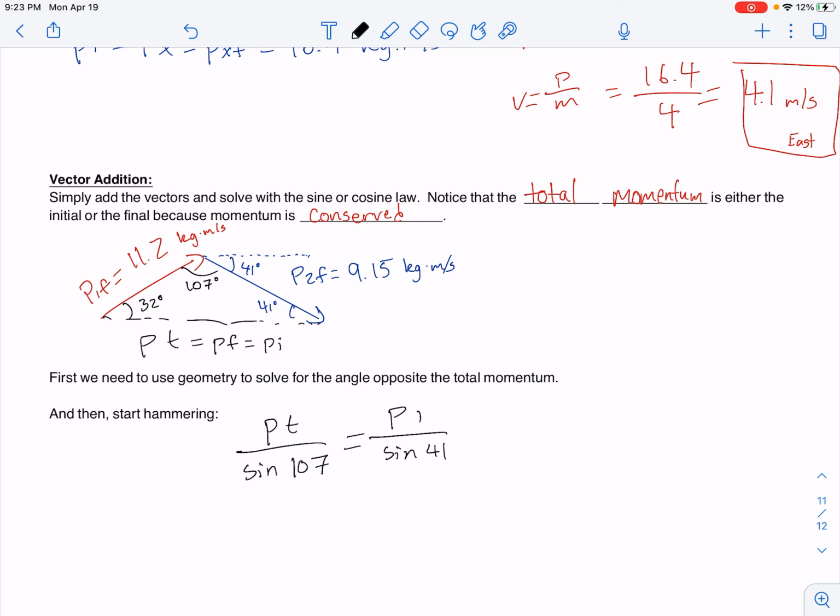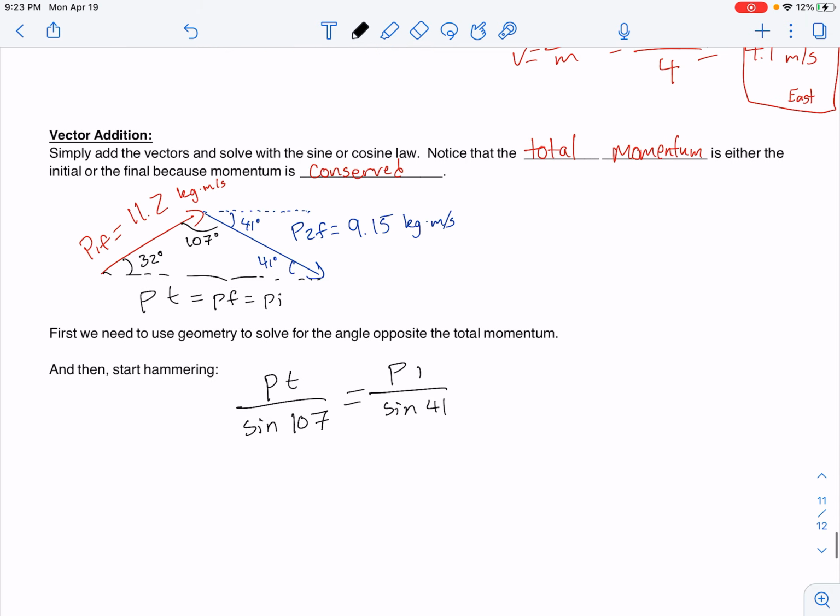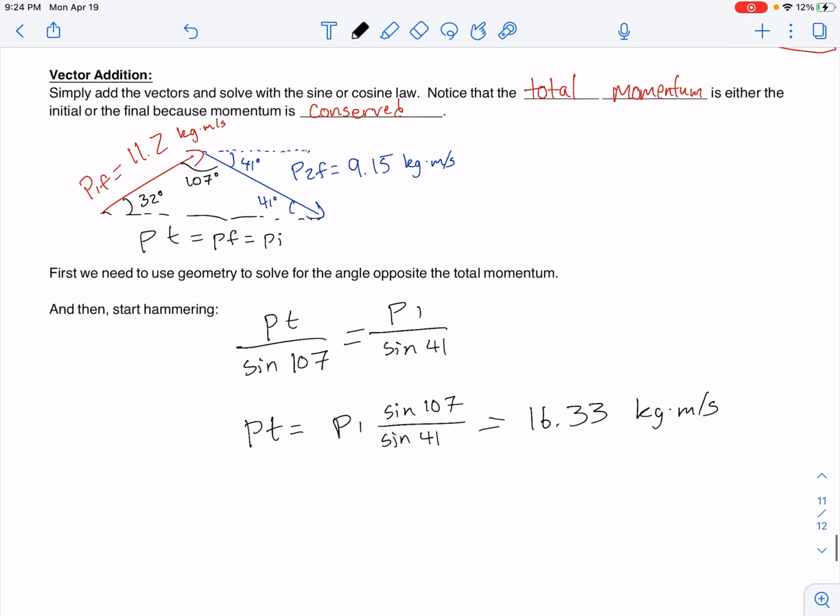Isolating for the total momentum, I end up with side 1 times sine 107 over sine 41. It's going to equal 16.33 kilogram meters per second.